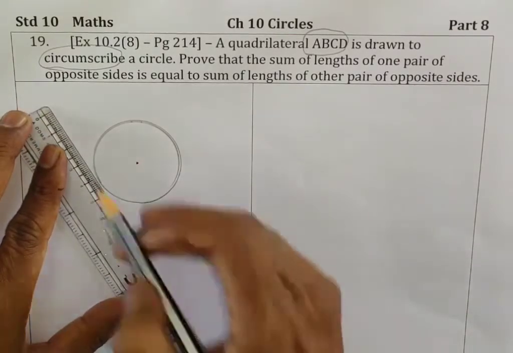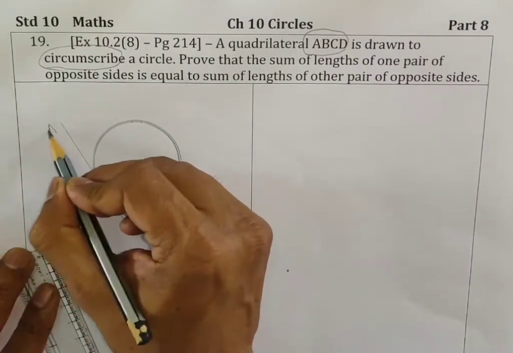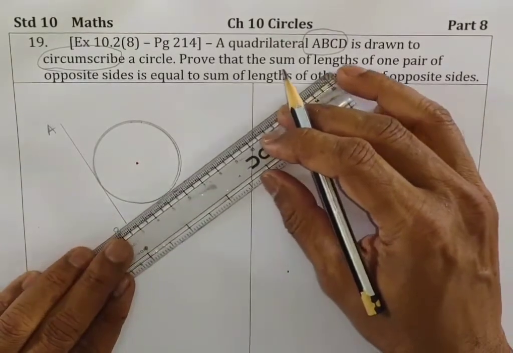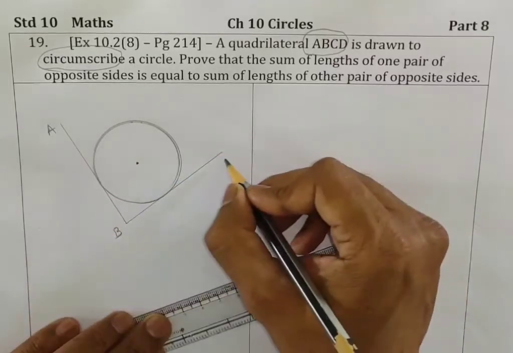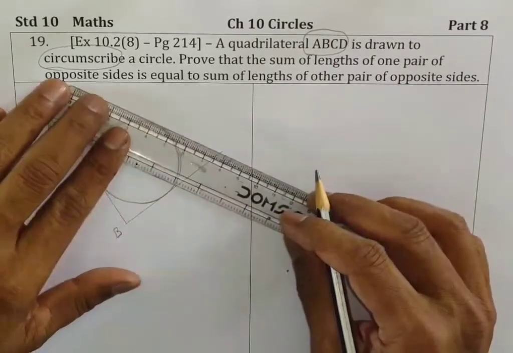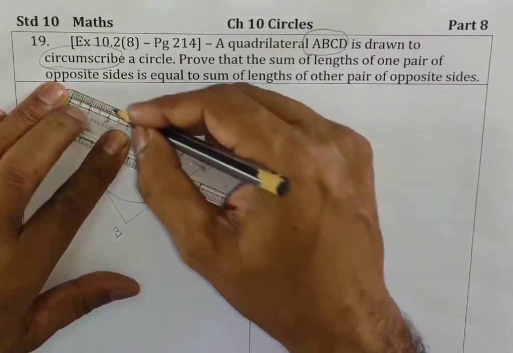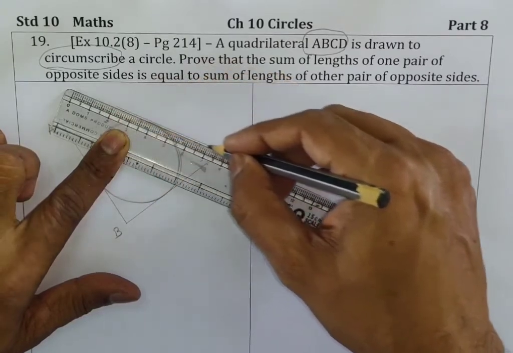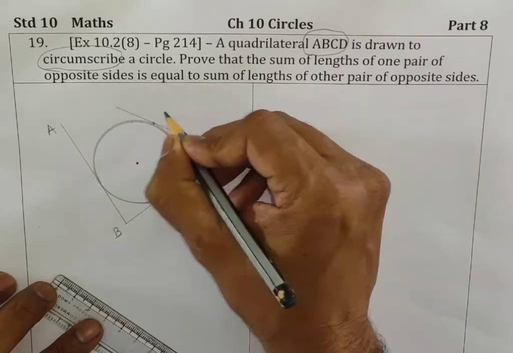So let me draw one side. Let's say this is AB. Then let me draw the second side, BC, then the third side, CD, and now this point is D.